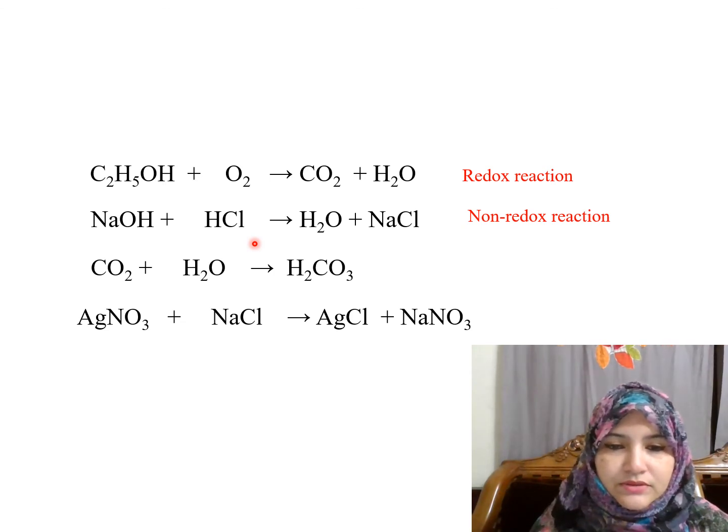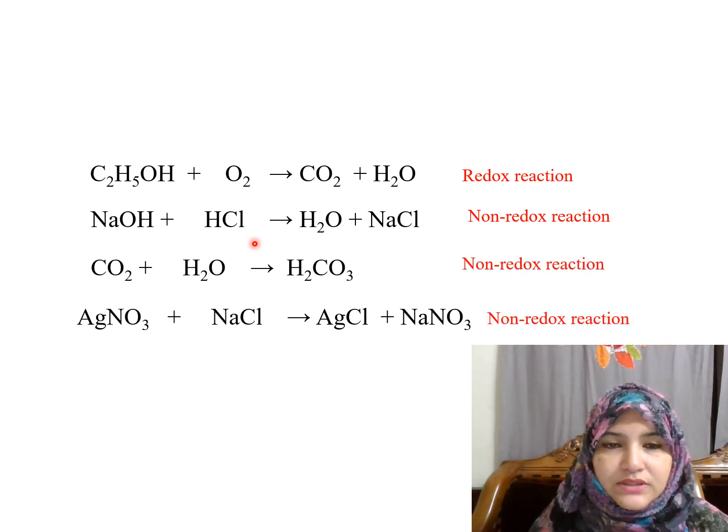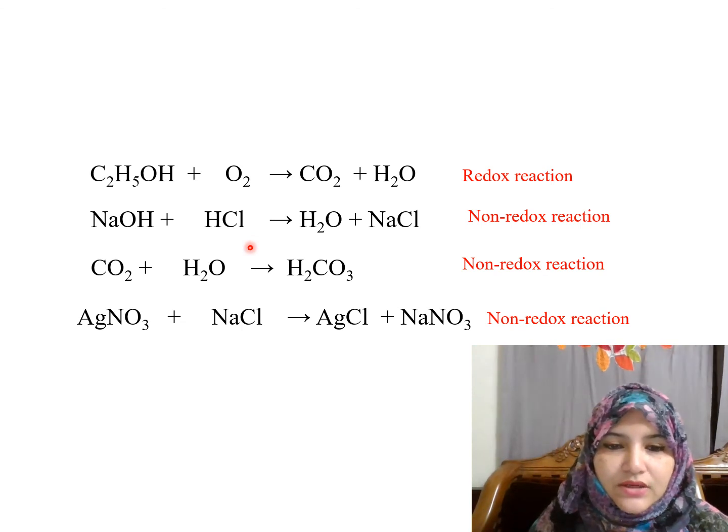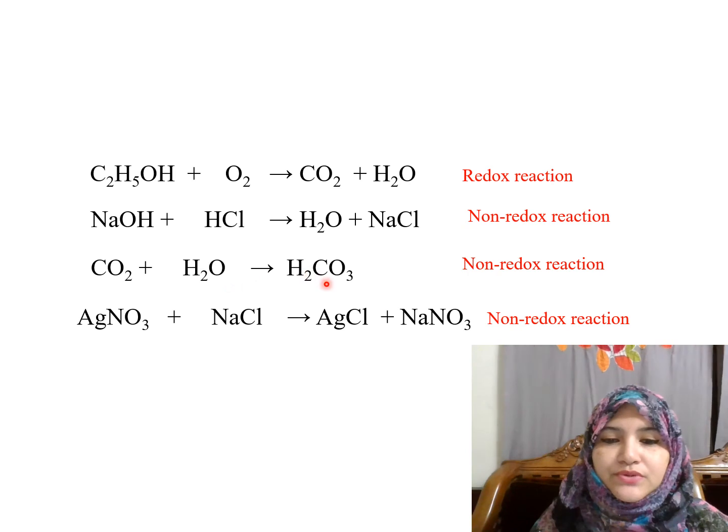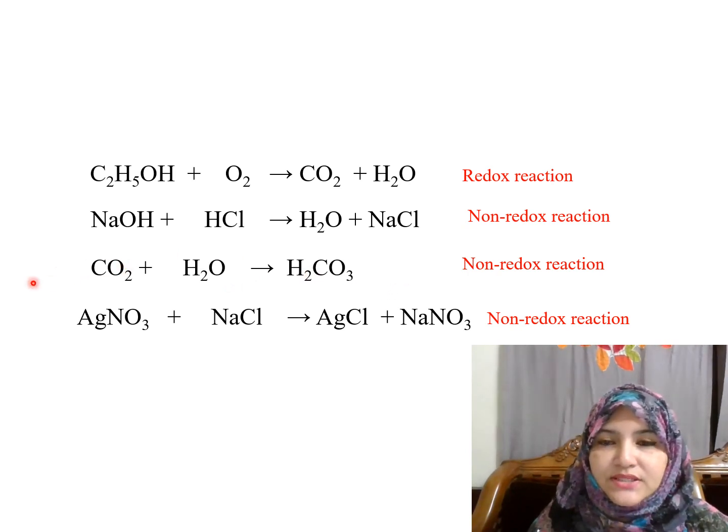Okay, and now the third example is a combination reaction. Carbon dioxide combined with a water molecule produces carbonic acid, and there are no pure elements present, and therefore it is not going to be a redox reaction. So it is a non-redox reaction.